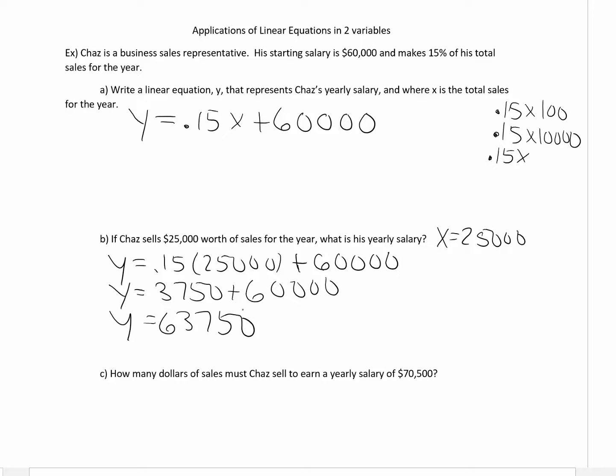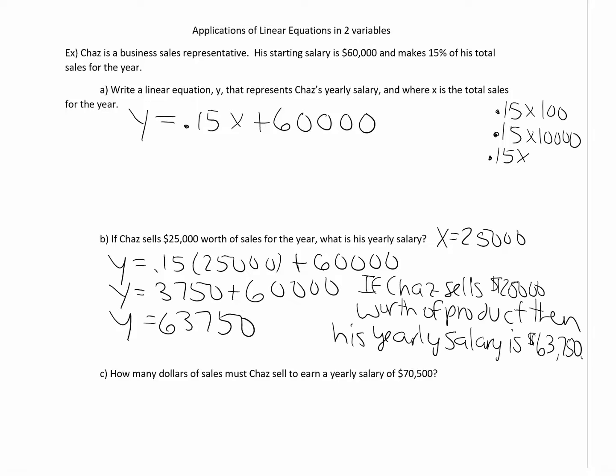So his salary would be $63,750. Let's write out a sentence to summarize this. If Chaz sells $25,000 worth of product, then his yearly salary is $63,750.